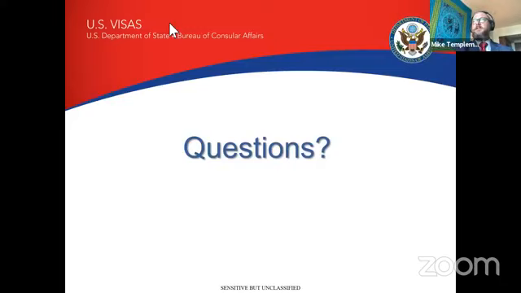Under US immigration law, it is presumed, and in your mind it may not be fair, and people may have personal opinions about what this means, but 214B essentially legally says that the consular officer is to assume that any applicant for a visa is an intending immigrant to the United States unless or until they demonstrate to the satisfaction of the officer that they are not an intending immigrant.